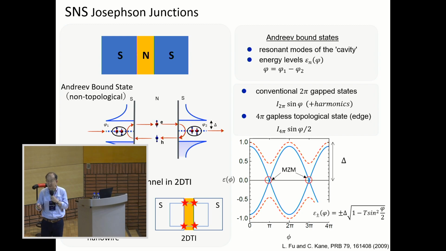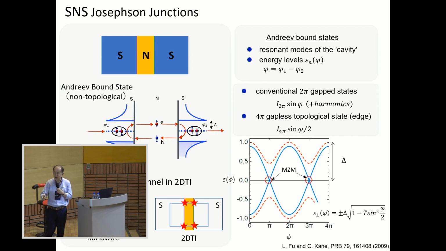If you have a nanowire, on top of that you deposit the aluminum superconductor. We may have zero modes like this. And we have a 2D topological insulator, then this is the edge channel.